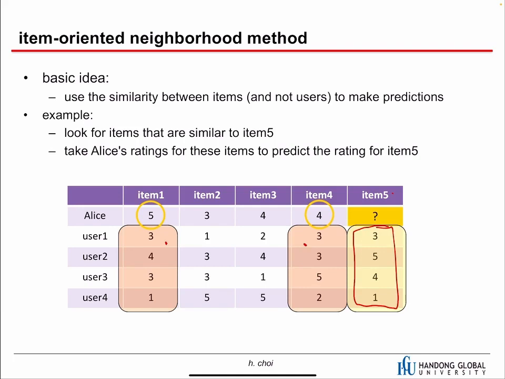This one and this one are quite similar. Then this one has 5 and this one has 4. Then what would be the number in this cell? Basically the same thing, right? In this matrix, in the previous slide we used the vector in this direction, but in this slide, we use the vector in these directions.